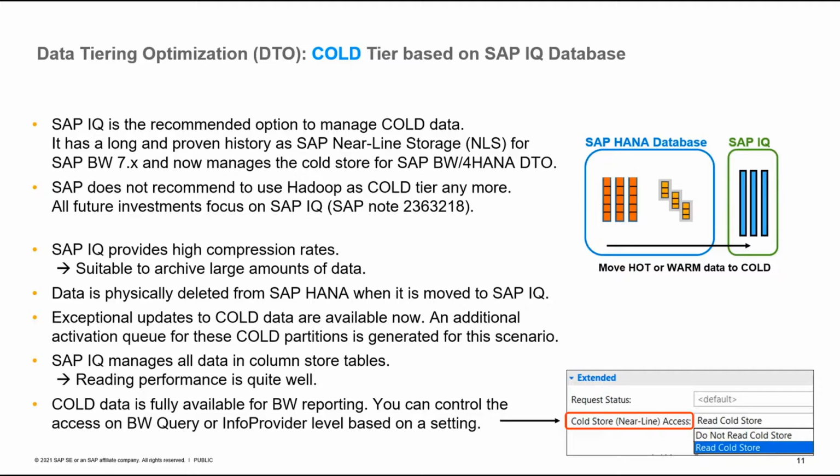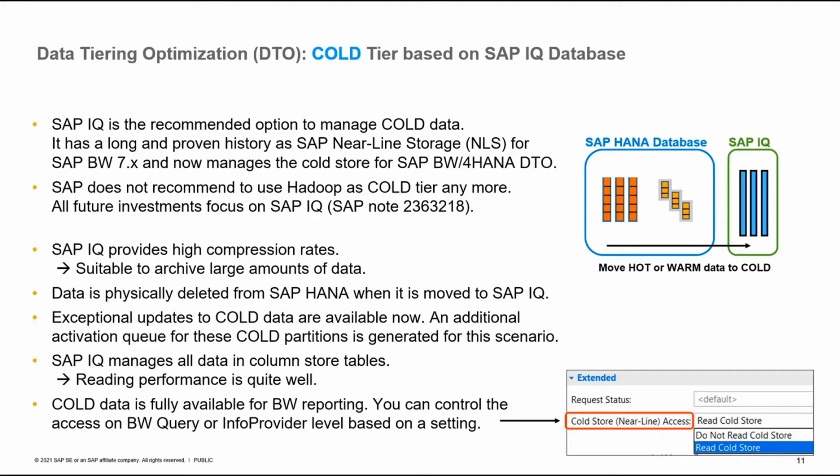IQ is very good in compressing data, so we can manage a large amount of data. And on the other hand, SAP IQ also manages all data in column store tables, which is very good for the read access for analytical applications. So the reading performance is actually not so bad. It's actually quite good.